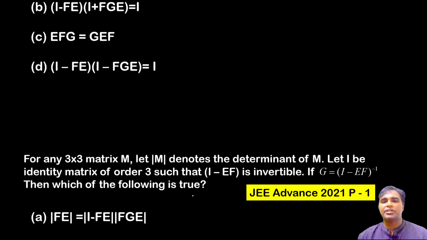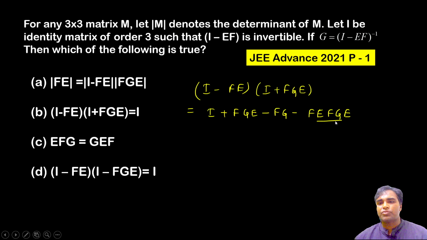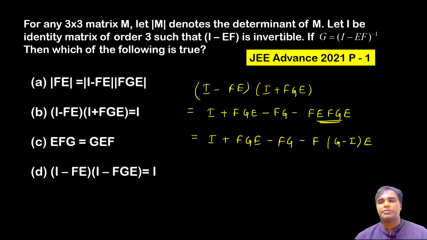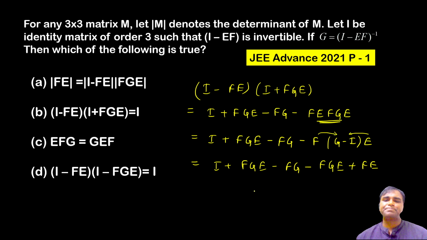G minus I. So in place of EFG I can put G minus I. So this is I plus FGE minus F, and this is (G minus I) into E. Now let's solve this. I plus FGE minus FGE, and minus minus plus, multiplied with I, same matrix, so it will be FE. Clear? From this side F, this side E.